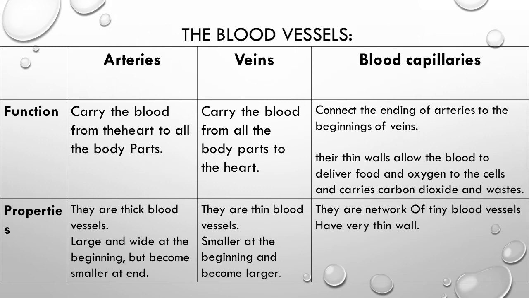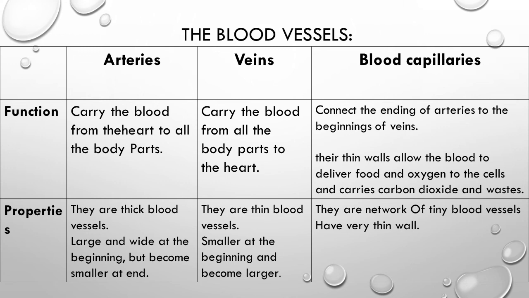Let's make a small comparison between the three types of blood vessels: arteries, veins, and blood capillaries. Firstly, the function: arteries carry the blood from the heart to all the body parts, but veins carry blood from the body parts to the heart.